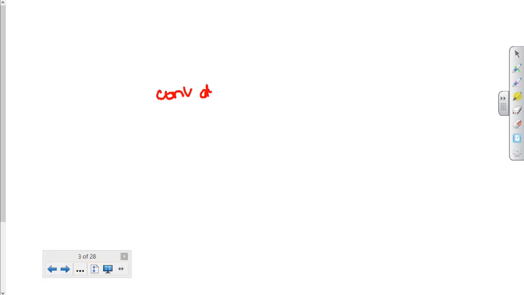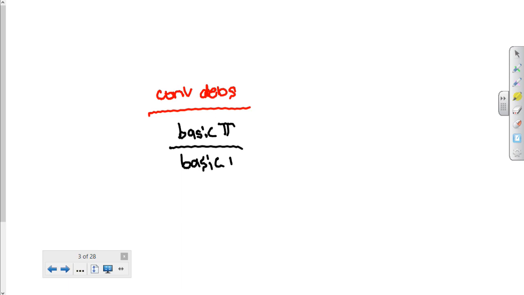Because for convertible debentures, they have a simple example and they have a more complicated example. But in essence, if I start with basic profit, I have basic number of shares. For convertible debentures, I will be adding back the interest after tax. Because do you agree my numbers are all after tax? If the debentures convert, I save myself interest, but I also lose a tax deduction, isn't it?